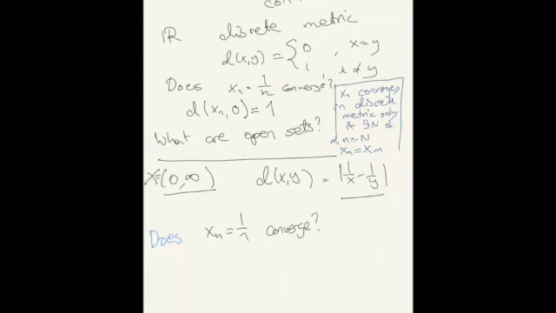But we could again ask, does xn equals 1 over n converge? At least, specifically, does it converge to 0? Because that is what our instinct would say, that, well, yes, it's converging to 0, but no, and there are two reasons.